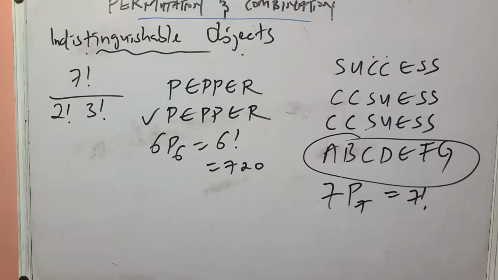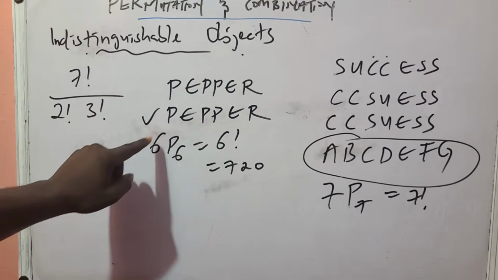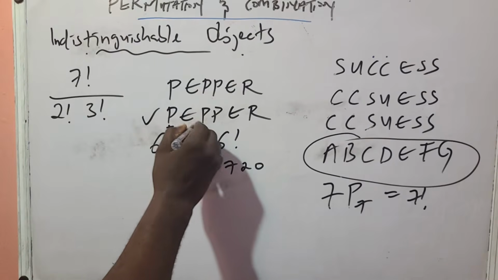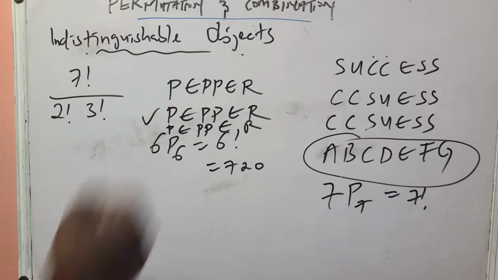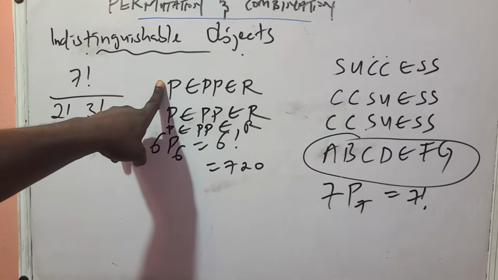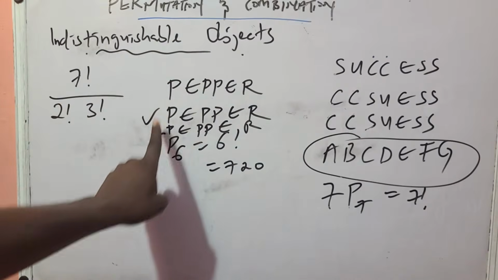But what we now do to prevent that overcounting, where we are counting the same thing. Actually, by the way, you can still have another one, written as PEPPER. If I said this was the first P where I used as the first, I'm doing the same, but this is the second P here. I'm doing the same, but this is the third P here.